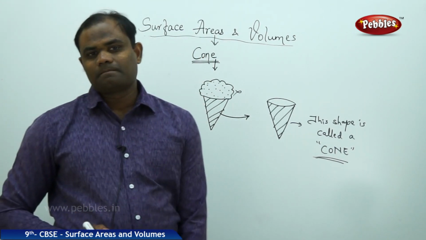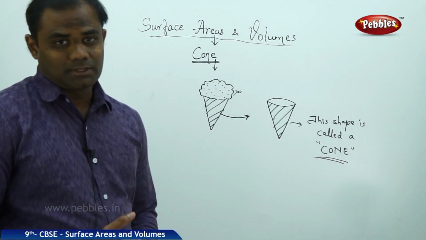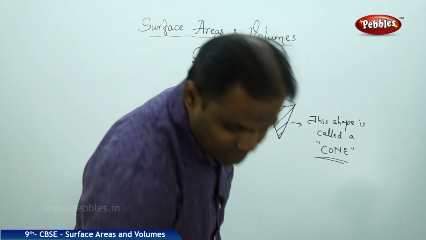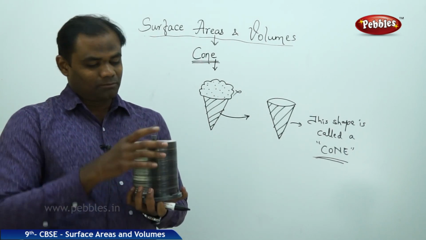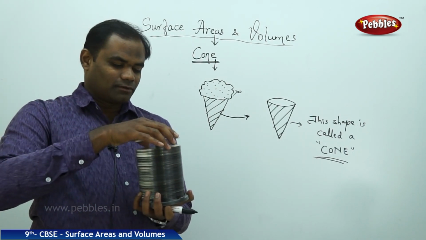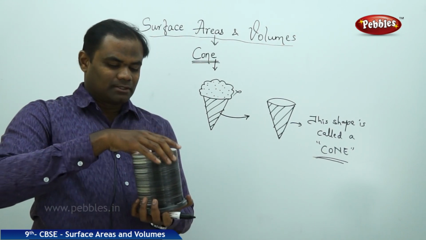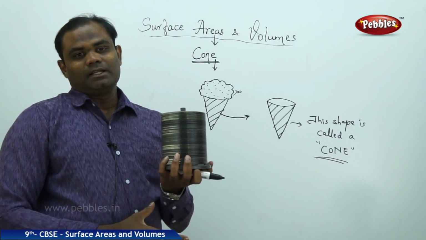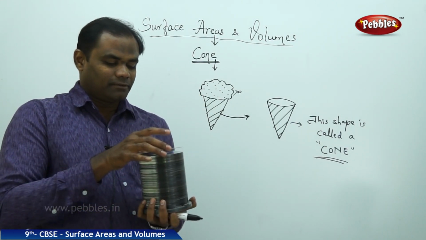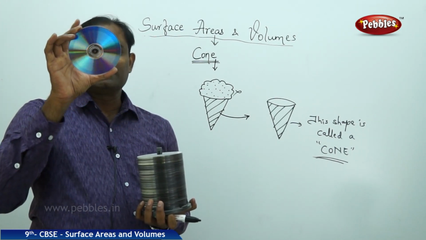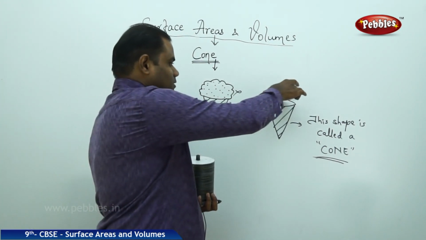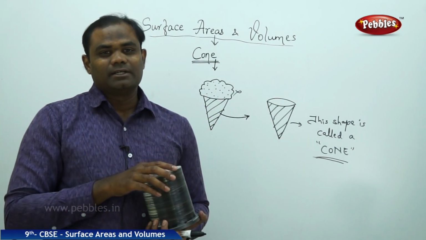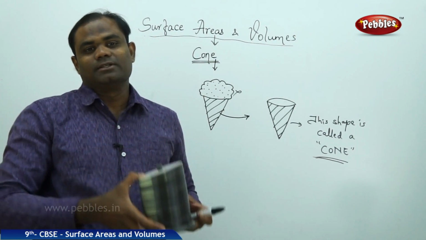So what is a cone? What are its different properties? Just like in the previous problem, where we took a cylinder as a real life model, each of the discs, which were of the same shape, were used to form a cylinder. Now we investigate what happens if I start reducing the size of the CD as I go down. The first CD on the top, then the next CD a little smaller in size, and we get a shape quite different from a cylinder.